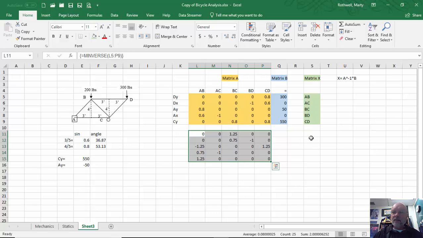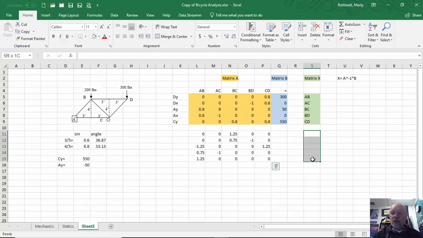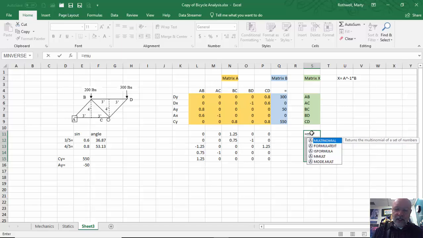Now I want the solution, so I'm going to come over here and again carve out my solution space. I need a 1 by 5 matrix for these. Once I have this, my cursor is right here, so I say equals matrix multiplication, M mult.